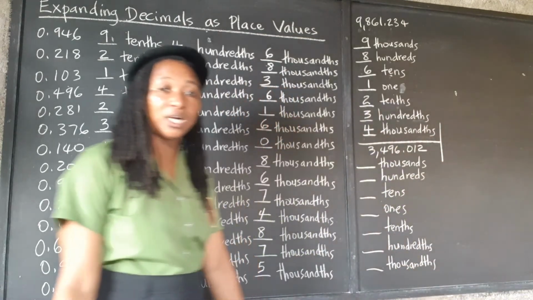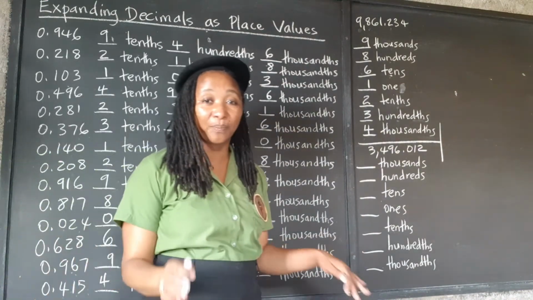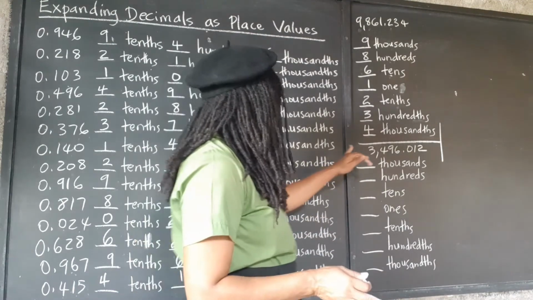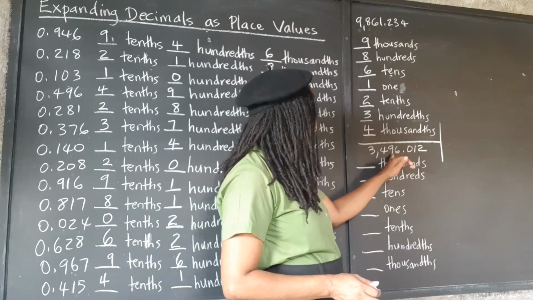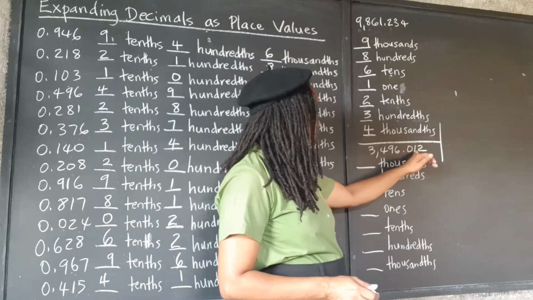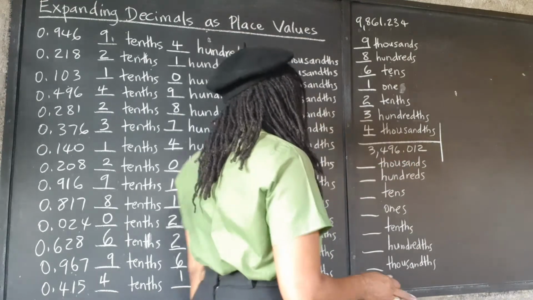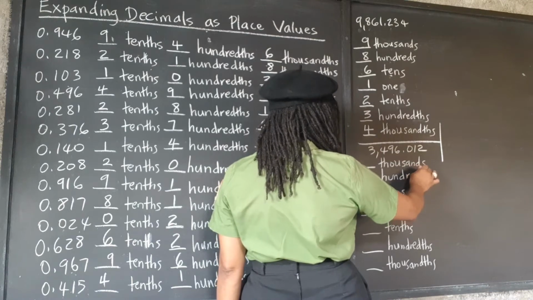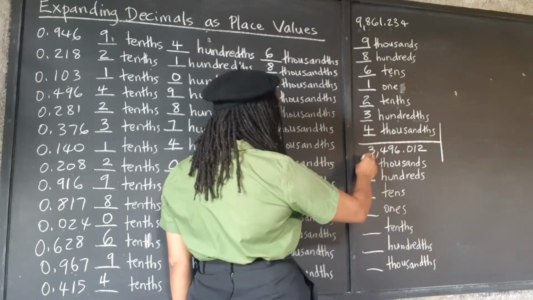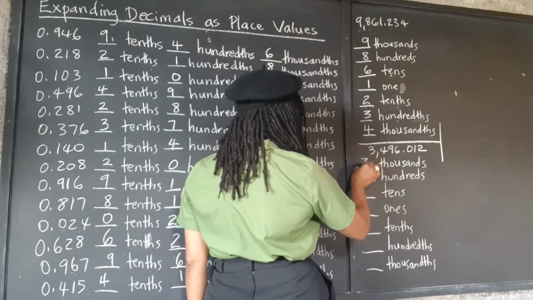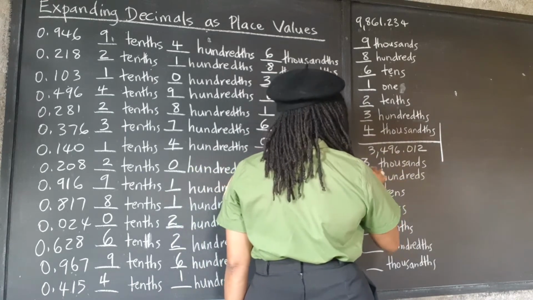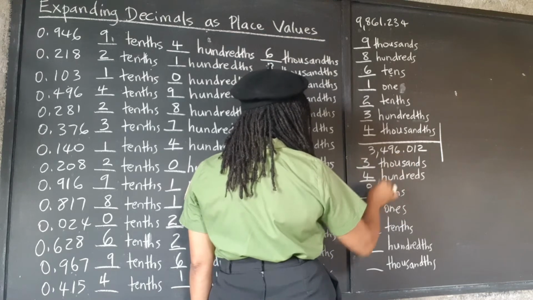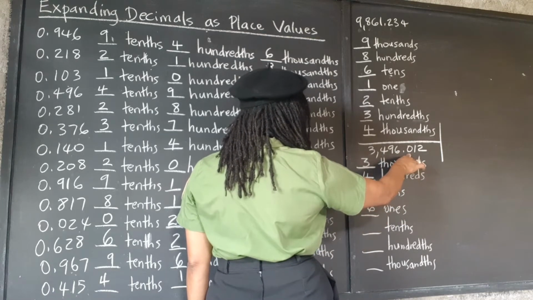Let's do another one to show that we're on the ball, we're on top of things, okay? 3,496.012. How many thousands are there? 3. So it's 3,000, 4 hundreds, 9 tens, 6 ones, no tenths.